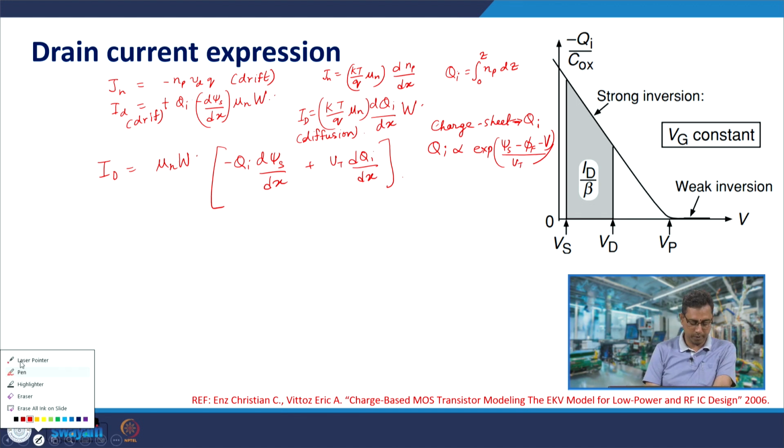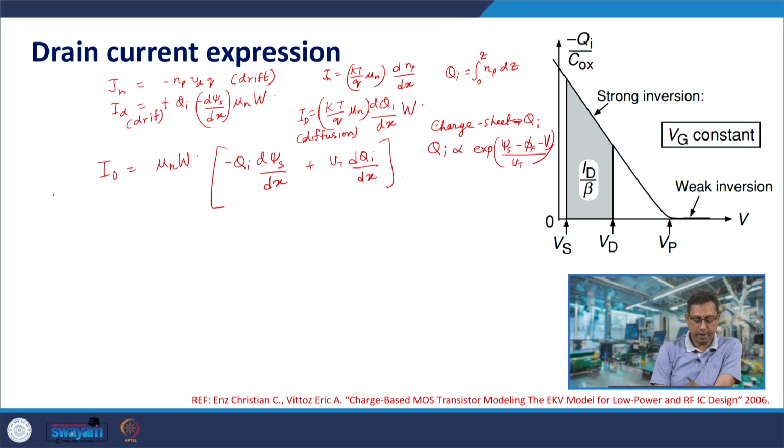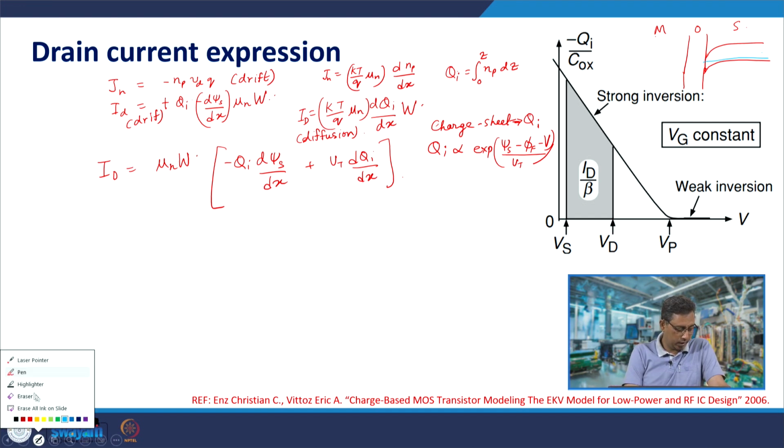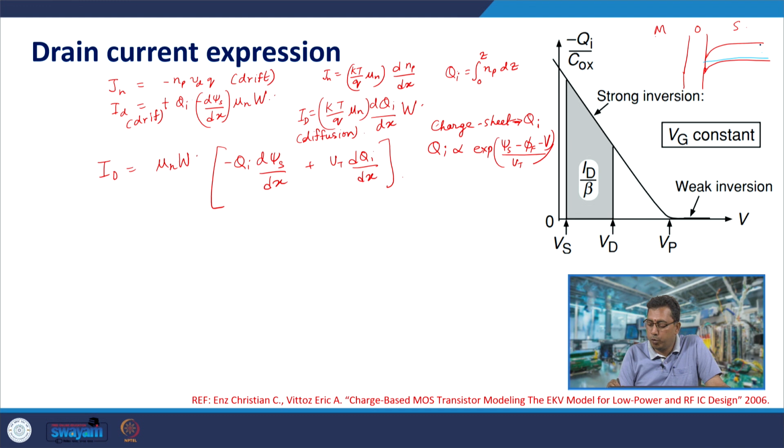You can justify this by looking at the band diagram. If we draw the band diagram for this metal oxide silicon, suppose the bands are like this near the source, with this being the Fermi level. Near the drain the bands would bend more because the drain to source voltage, suppose it is positive. Where would the quasi-Fermi level be?